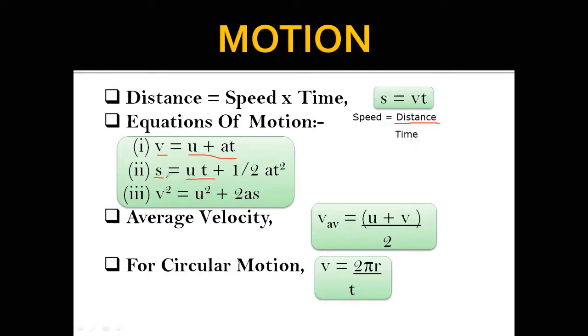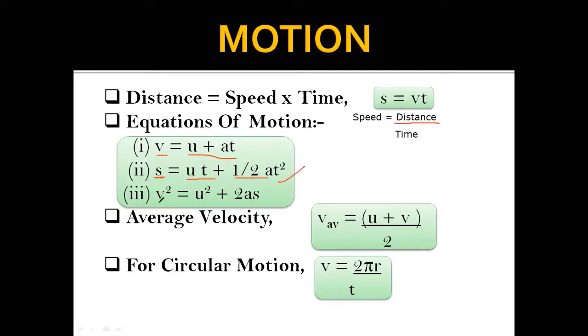Second equation is S is equal to ut plus half at t square, means S is here the displacement done by the body, U is the initial velocity, T is the time taken, 1 by 2 here is a constant, A is the acceleration of the body and T is the time taken by the body. So if we have to find the displacement, then we will use this formula.